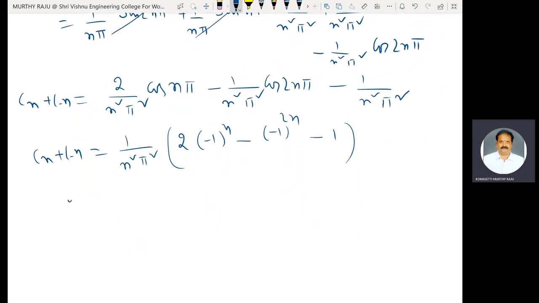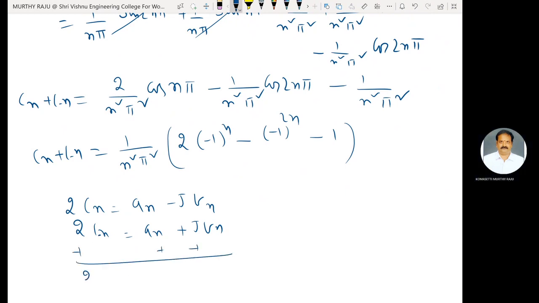We know that 2 Cn is equal to an minus jbn, and 2 C minus n is equal to an plus jbn. Add these two: 2 into Cn plus C minus n. These two are cancelled.